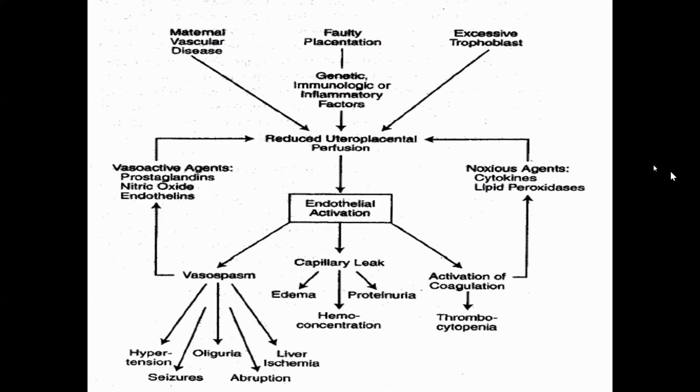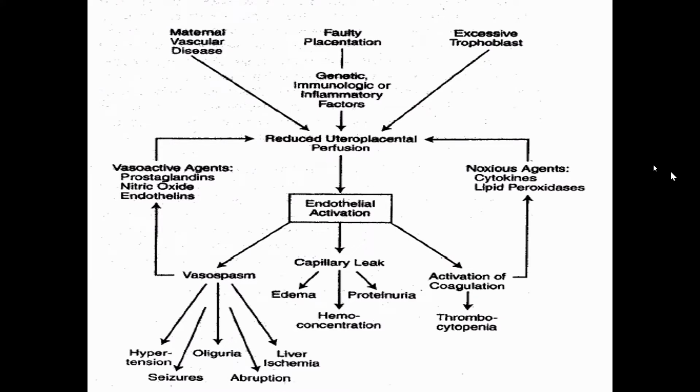So what happens here is a vicious process. Whenever there is abnormal trophoblastic invasion because of any reason, it could be faulty placentation, excessive trophoblastic invasion, genetic factors or maternal vascular disease, there will be reduced uteroplacental perfusion.